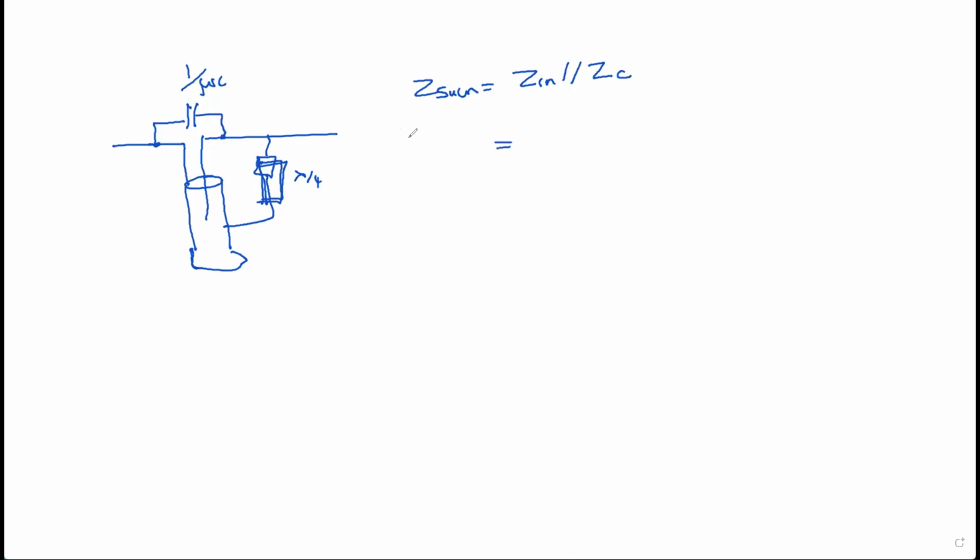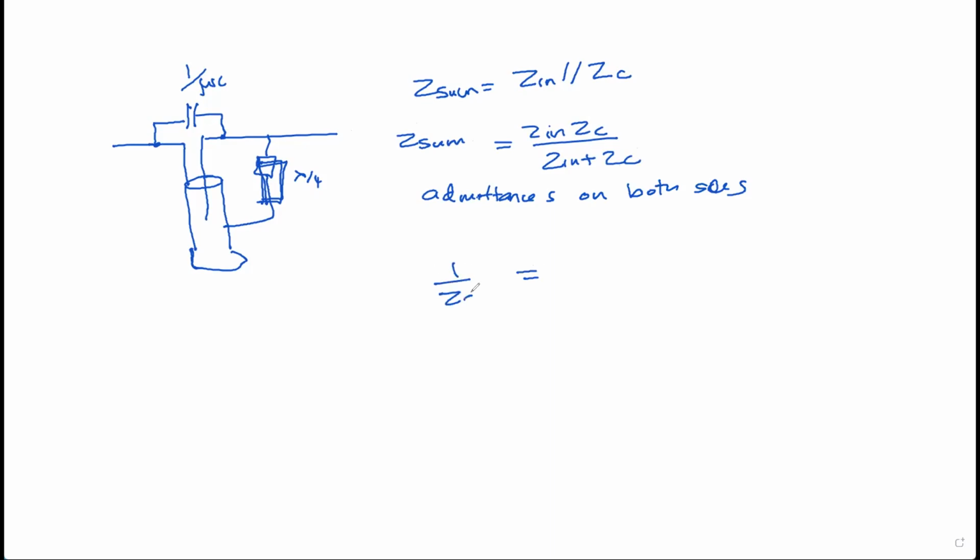Just like before, we can write the total sum impedance as the product of the impedances divided by the sum of the impedances. Since we want to make the calculations easier, we are considering admittances on both sides. So 1 over Z sum is equal to 1 over Z in plus 1 over ZC.